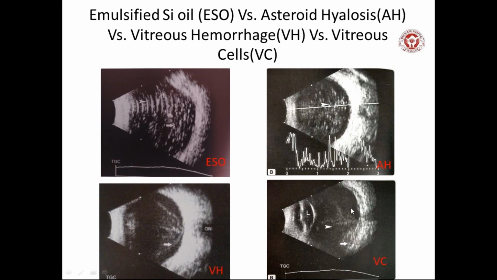Sometimes we get confused between a scleral buckle and RD. In case of a scleral buckle, there is a high reflective band-like structure with orbital shadowing, and in case of RD, there is no orbital shadowing.